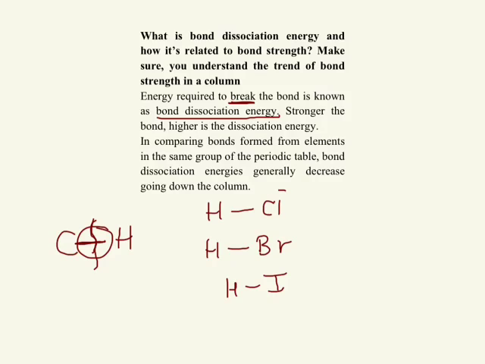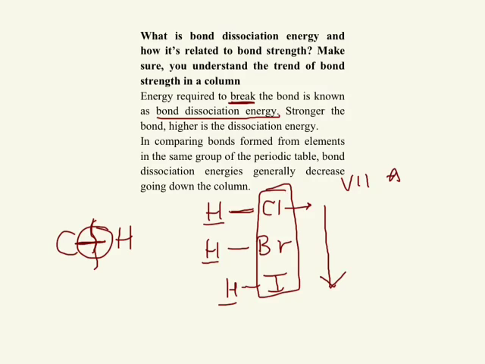I'm taking on this side elements from the same group, which is the 7th group, and on this side is the same, which is hydrogen. So what happens when you go down the column like that is the bond dissociation energy decreases, which means out of these three, it's easiest to break this bond.